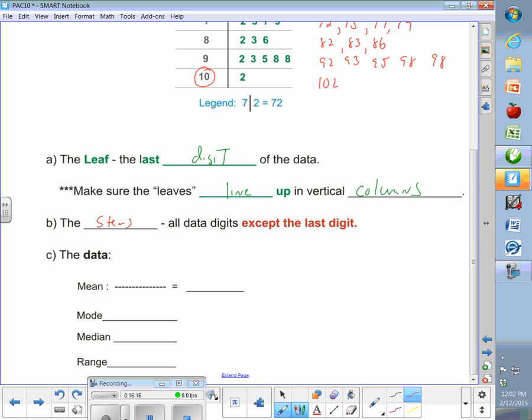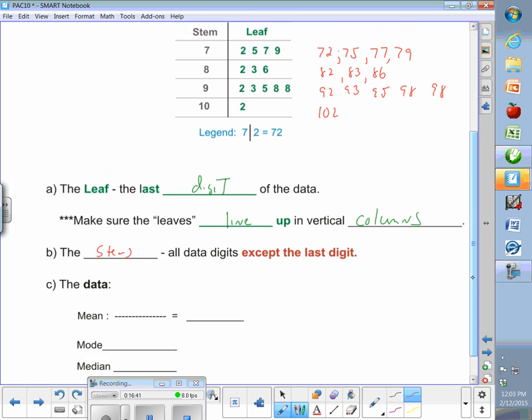It has 2 digits. Because again, the leaves can only be the last digit. If you had a number in the thousands, then the stem will have 3 digits, right? Etc. All right, so from this, we can conclude some data.